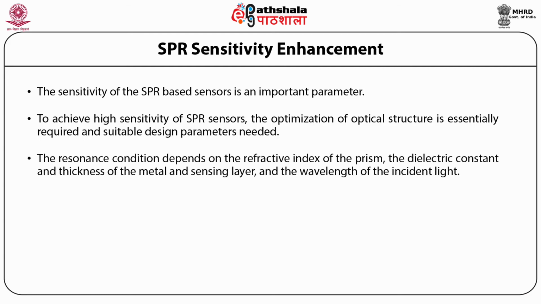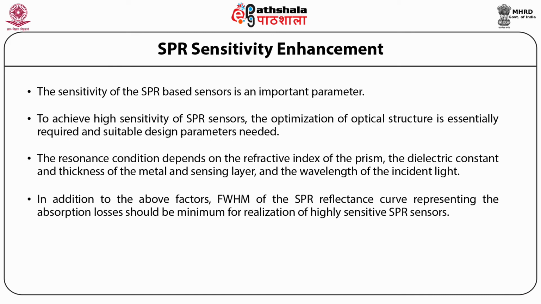The resonance condition depends upon the refractive index of the prism, the dielectric constant and the thickness of the metal and the sensing layer, and the wavelength of the incident light. In addition to the above factors, the FWHM of the SPR reflectance curve, representing the absorption losses, should be minimum for the realization of highly sensitive SPR sensors.